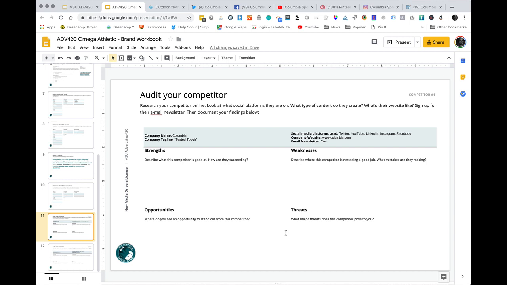You never once even say that you sell athletic apparel, but you create all these really great pieces of content: guides on exercising, guides on how to lower the cost of your gym membership, maybe videos inspiring people to start working out again, or develop the habit of working out again. So you're doing the opposite of what they're doing, because they're so heavy on buy our Columbia stuff. And that's where you can figure out what those opportunities are.